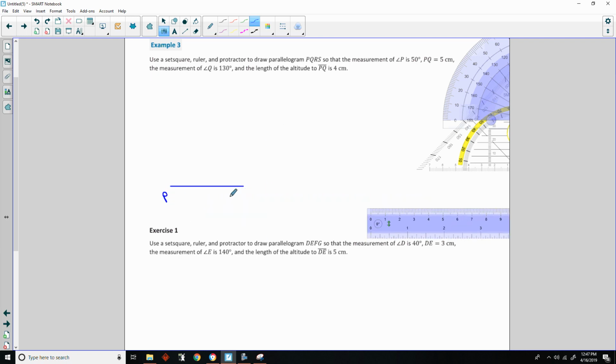I'll call this end P, and I'll call this end Q. Okay, so I have my segment, and it is 5 centimeters in length. Okay, step 1, done.